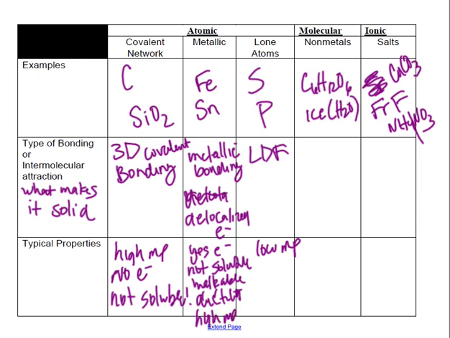I know I'm missing things, but this chart is already filled in for you on the next page, so you have a double reference. I gave that to you in case I forgot stuff like that. Low melting points, they are not going to conduct electricity, no electricity. They're not very soluble. A lot of times they stink because they have such small intermolecular forces, they vaporize very easily at room temperature.